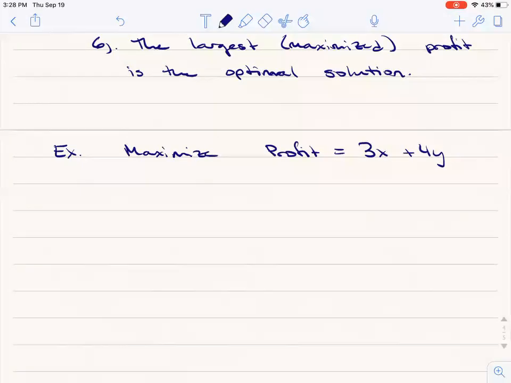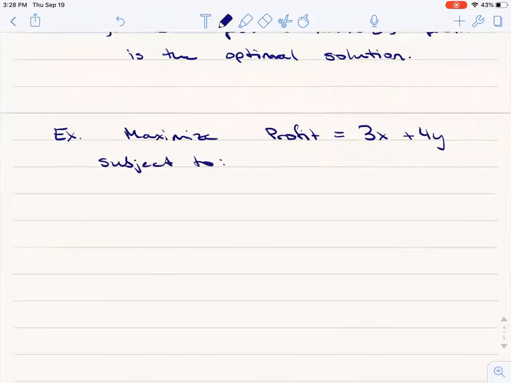And then what does it usually say? Let's say restrictions or subject to. Subject to x has to be less than or equal to 4. Y has to be less than or equal to 4.